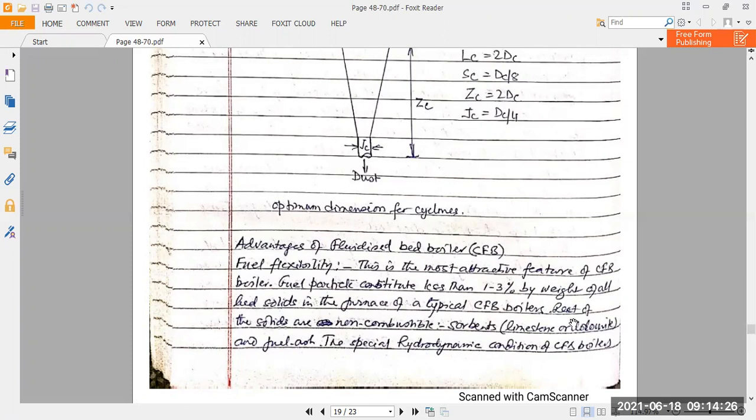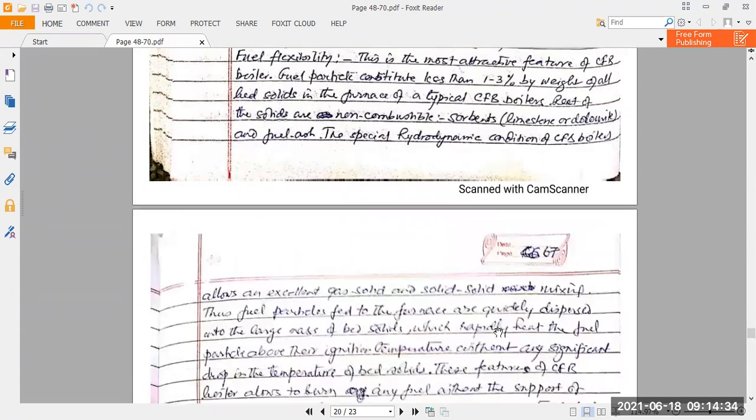So what we have here is mostly ash and sorbent to a certain amount. The special hydrodynamic condition of CFB boilers allows excellent gas-solid and solid-solid mixing.